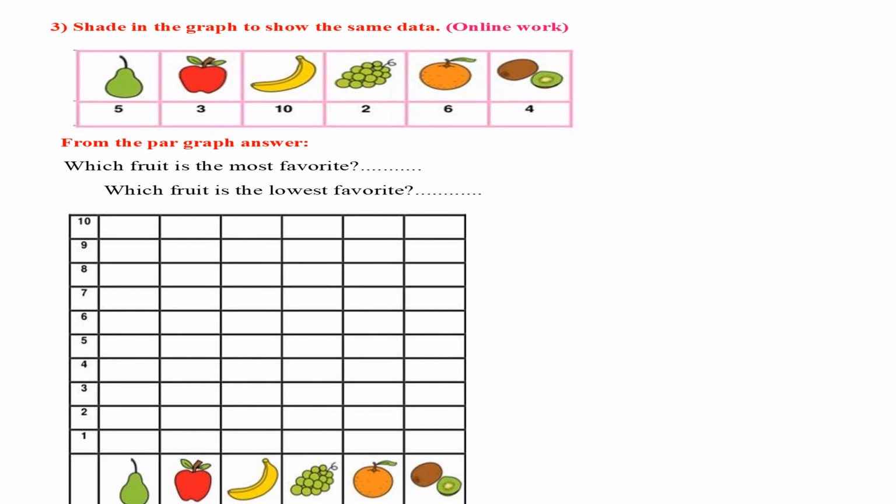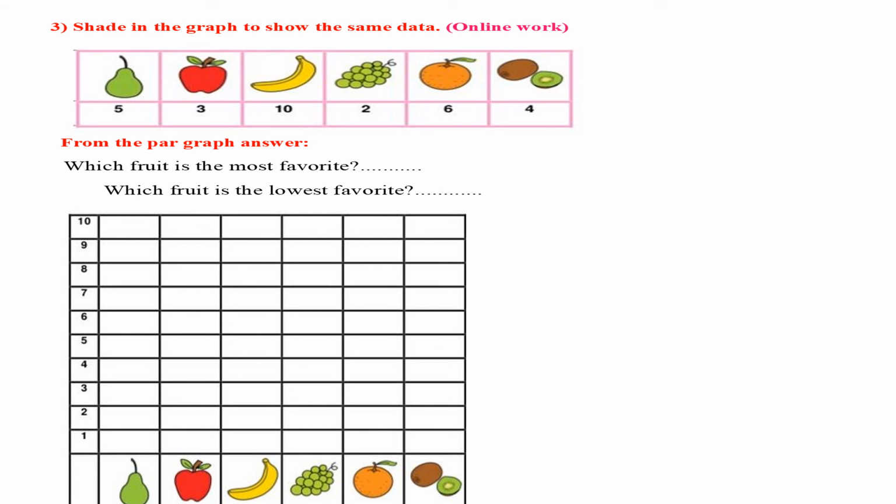Apple, how many? 3. Banana, 10. Grapes, 2. Orange, 6. Kiwi, 4. Which fruit is the most favorite fruit? The most favorite fruit has the biggest number of people. Which one? It's banana.